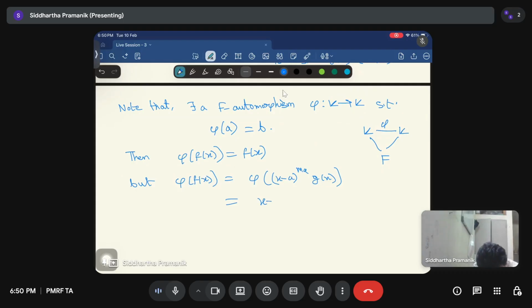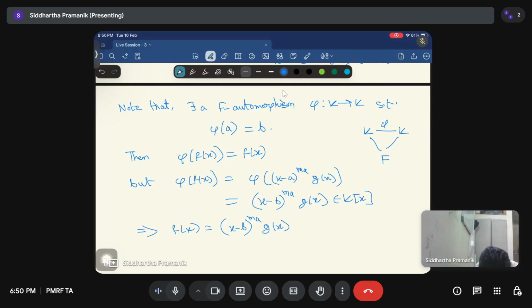So this is the same as (x minus b) to the power m_a times phi of g(x), but this is the same as our f(x). So f(x) can be written as (x minus b) to the power m_a times phi of g(x).